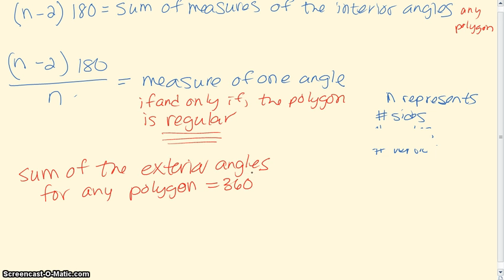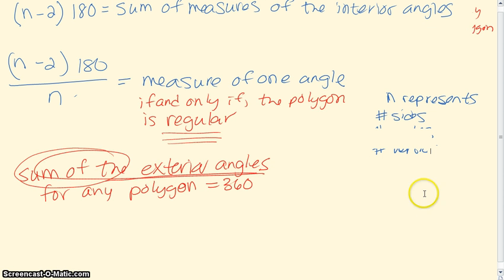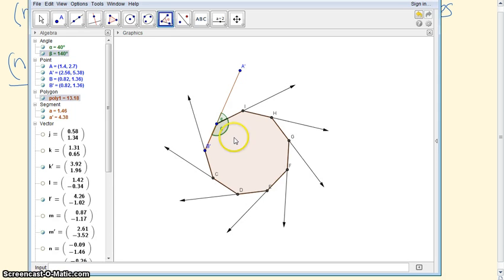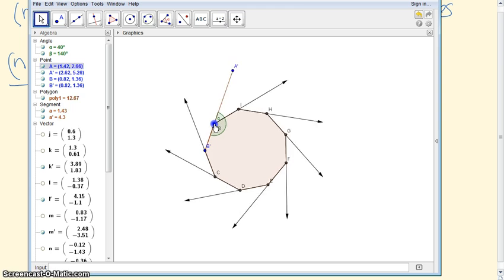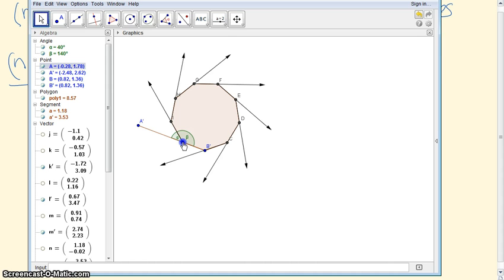So the sum of the measures of the interior angles changes, the sum of the measures of the exterior angles does not change. And that was illustrated by this drawing where all of those exterior angle measures added together as we collapse them onto each other.